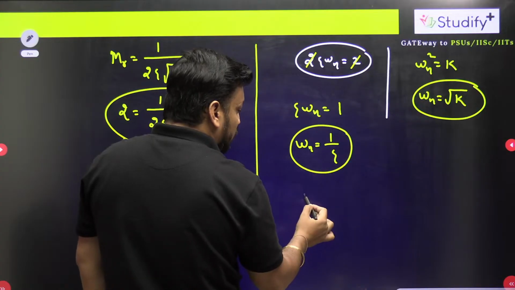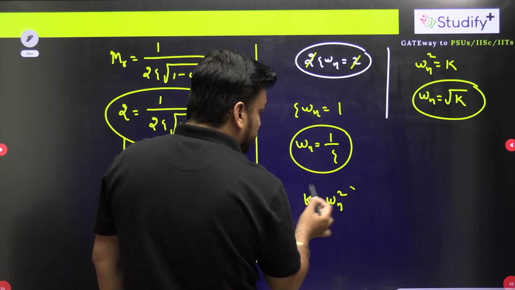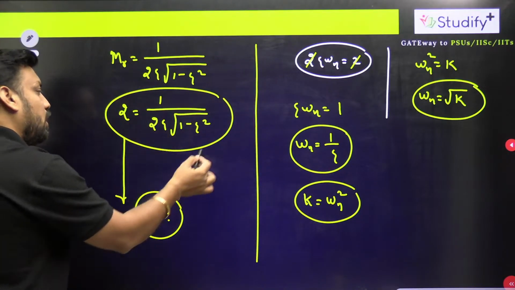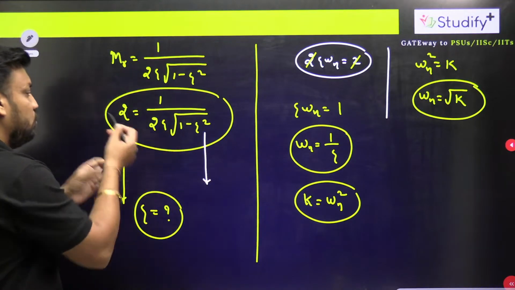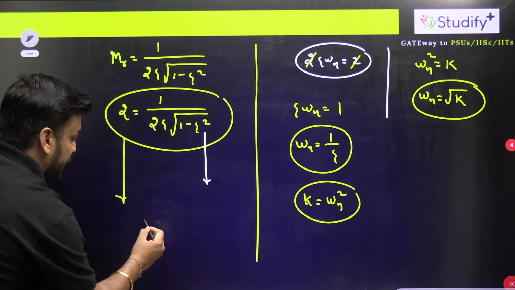Once you have this, K equals omega n square. So to find K, first you need zeta, and a little complex calculation is required here. You need to square both sides and you will get a quadratic equation. After that you will get two values of zeta, I think.